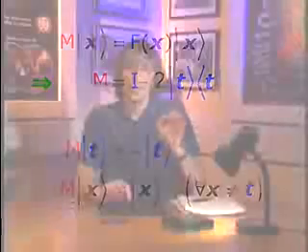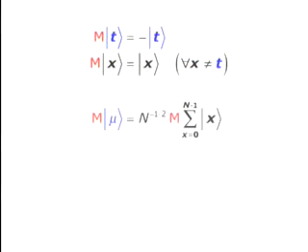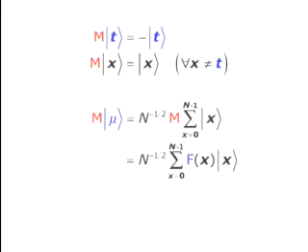Hence also, the effect of M on the state mu is M|μ⟩ equals 1 over root n times M on the sum over all possible values of x of |x⟩, which equals 1 over root n times the sum of f of x times |x⟩. Now, for all but one value of x, f of x is 1, only f of t is minus 1.